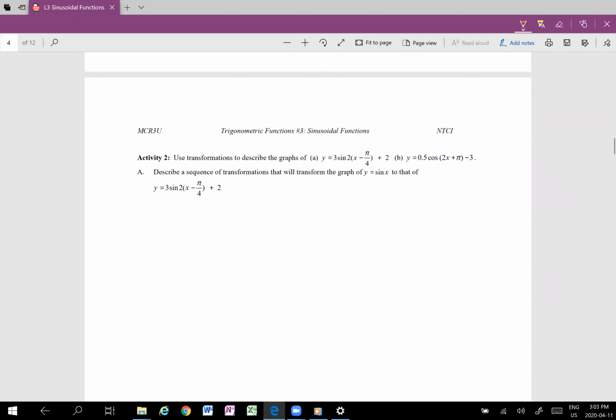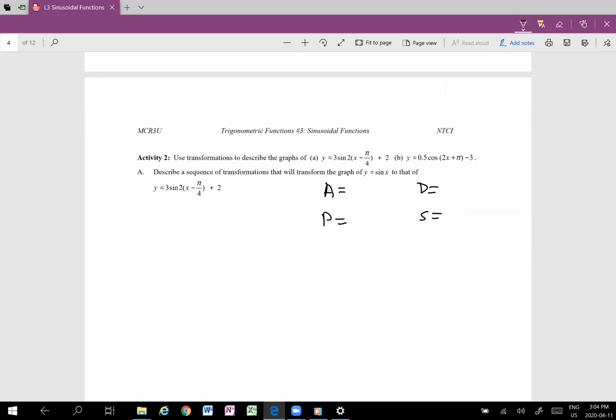So I'm going to just do the very first question, activity 2a, and use transformation to describe the graphs of y equals 3 sine 2x minus pi over 4 plus 2. So describe what's happening. Well, you're combining basically what we've taught you already, and let's see if you can follow along. Given an equation, do you think you could tell me the amplitude, the equation of the axis, which is the d, the period, which is p, or the phase shift, which is s?